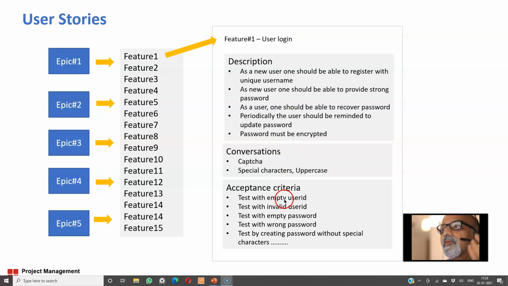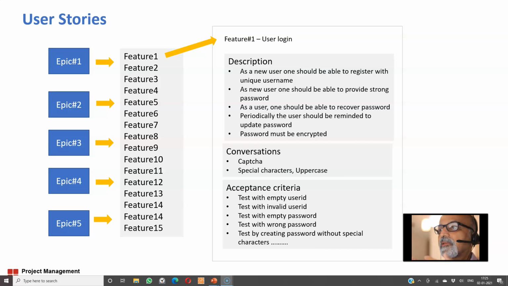Then upfront we are defining the acceptance criteria. Like this must be tested with an empty user ID and it must be rejected. Test with an invalid user ID, it must be rejected. Test with an empty password, it must be rejected. Test with the wrong password, it must be rejected. Test by creating a password without special characters, it must be rejected.